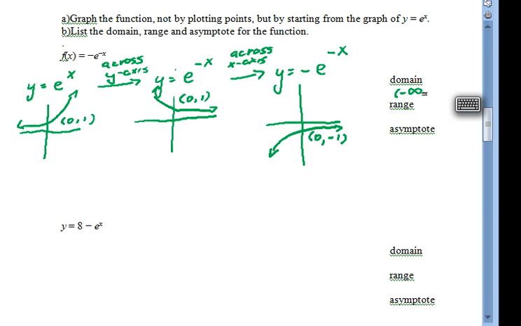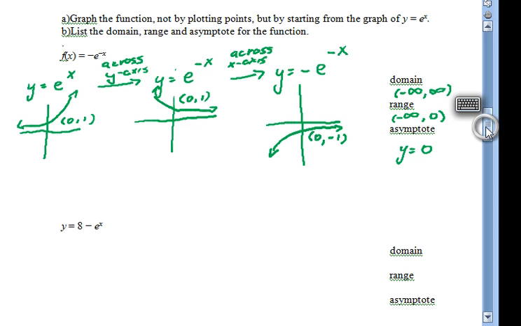Each time our domain is going to be negative infinity to infinity. Our range this time is negative infinity to 0, and the asymptote is y equals 0. 0 is not included in the range.